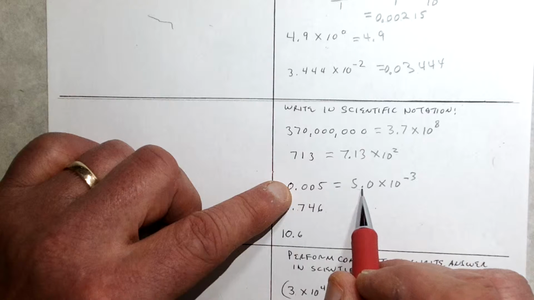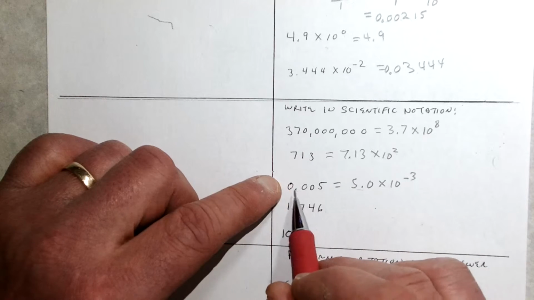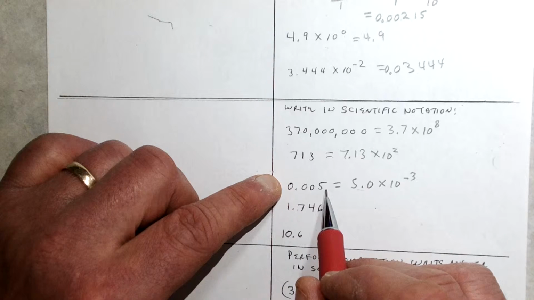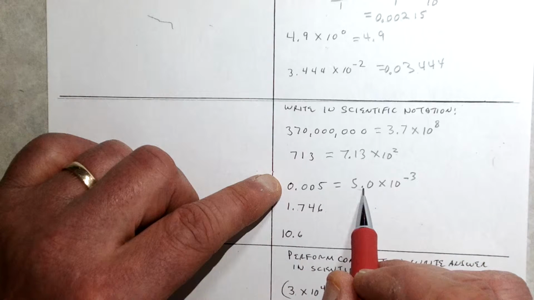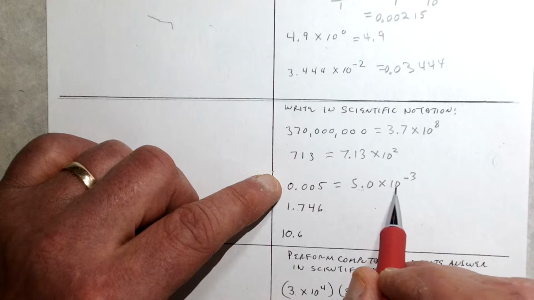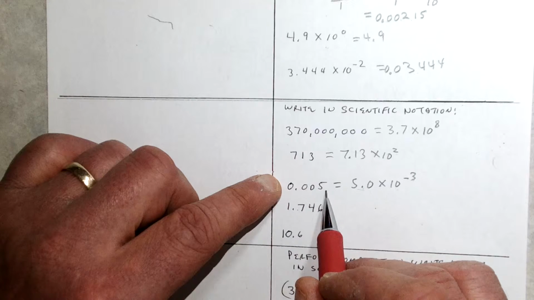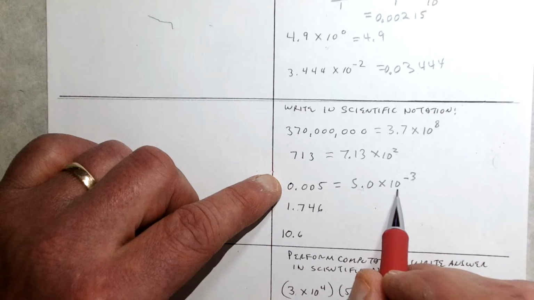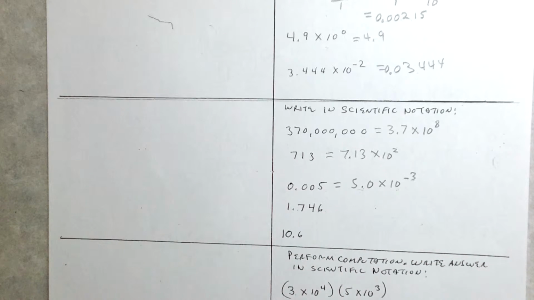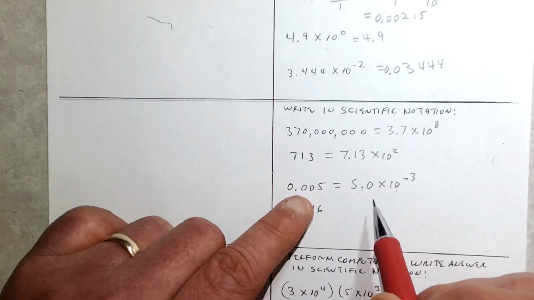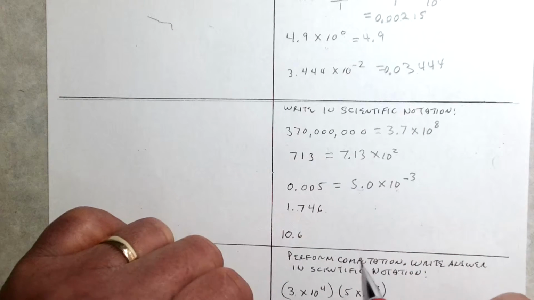So I have to counter it by dividing by the 1,000 that I increased it by. See, this was a 1,000 increase. So a 1,000 corresponding decrease is writing 10 to the negative 3, because that would be like dividing by 1,000. So if I multiplied by 1,000 to get to 5, I need to divide by 1,000 in order to counter it and still be equal to the original problem.